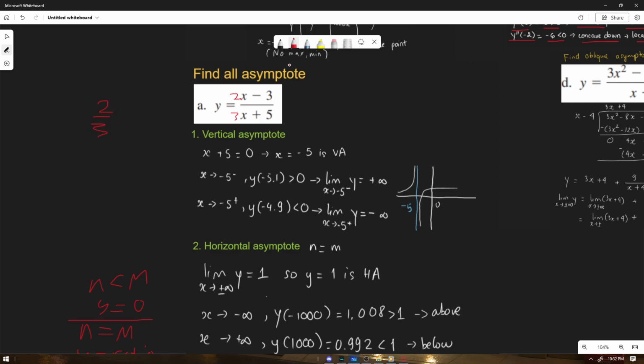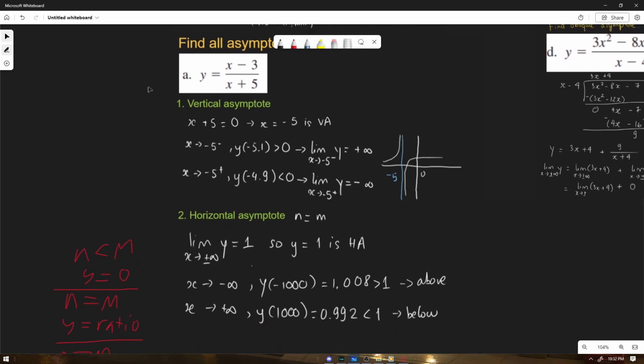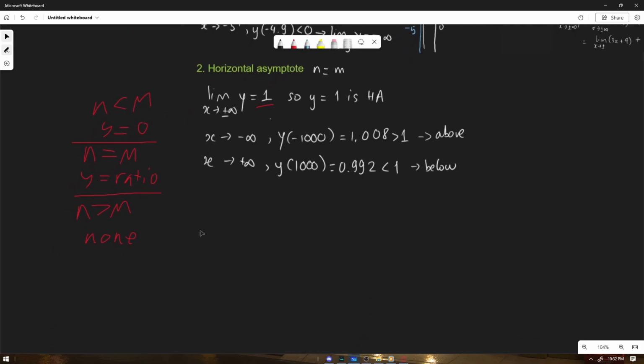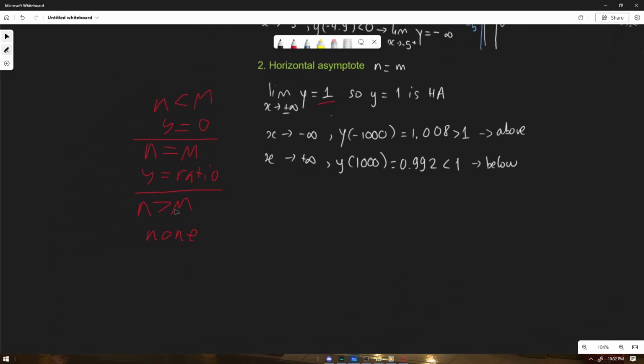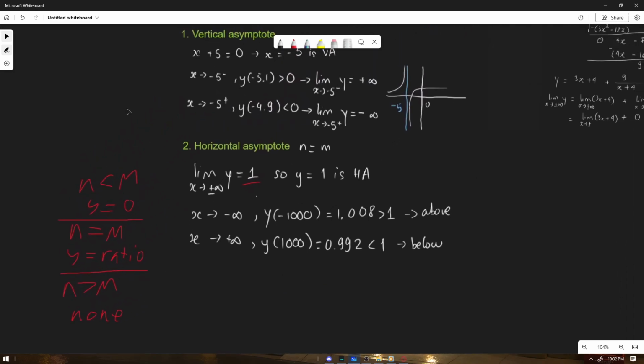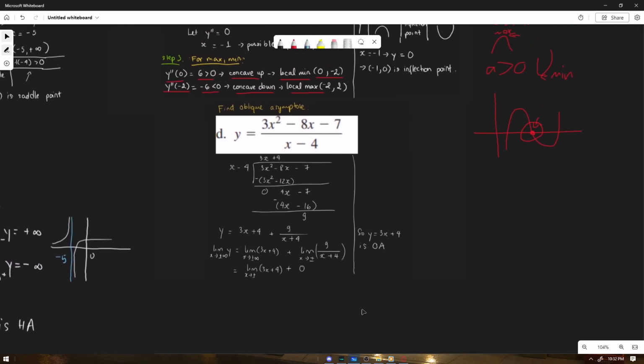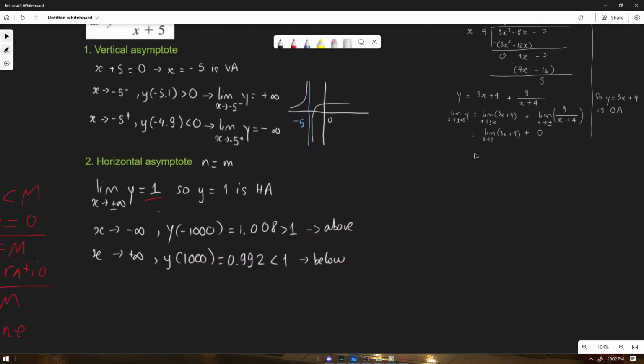That's the horizontal asymptote. In this case both are 1, so we can see that the limit of y equals 1, because 1 over 1 equals 1. But remember that when n is bigger than m, there's actually no horizontal asymptote. It does not exist. When n is bigger than m, we have to go to the oblique asymptote, which I'll teach later.